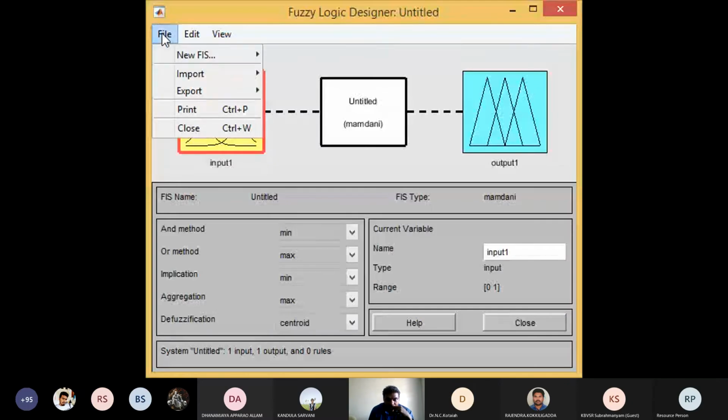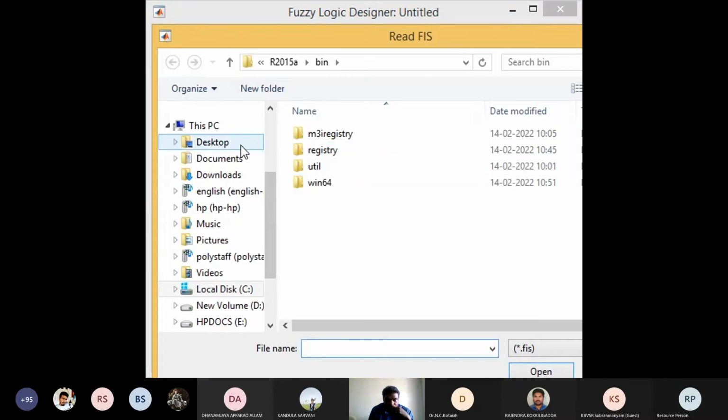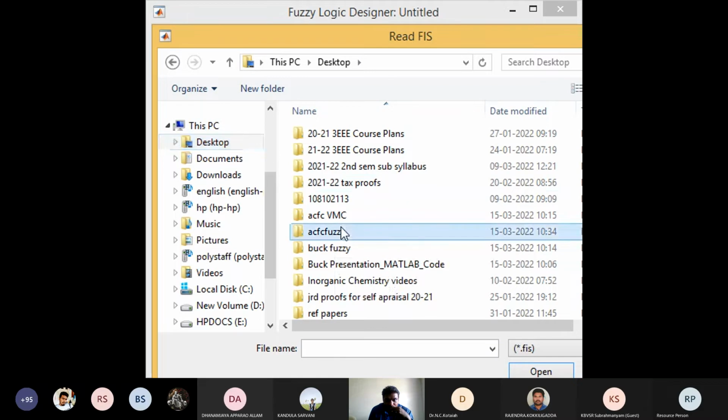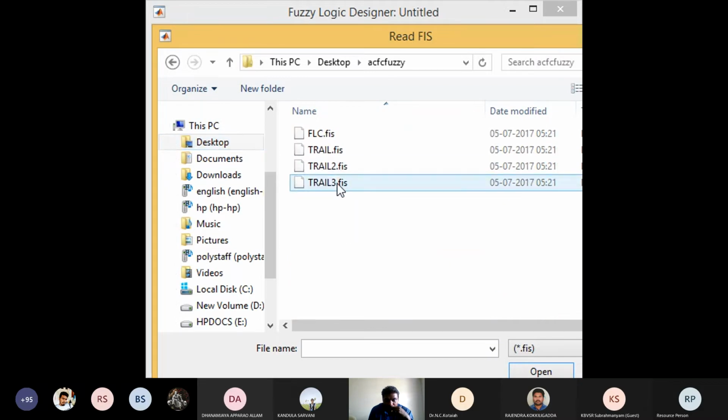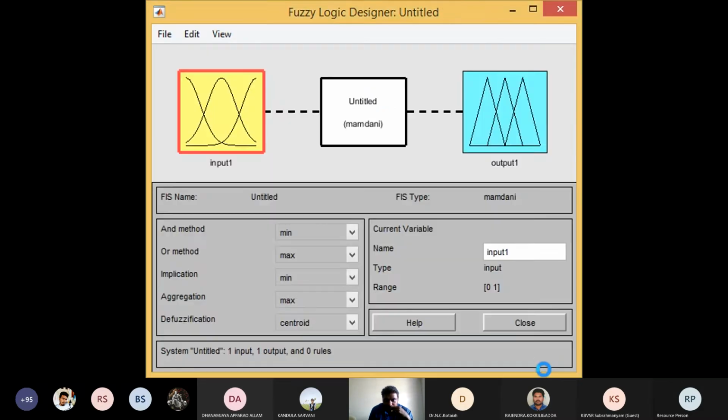Then at File, we need to import the file from the developed model, trial 3. Then it will automatically import the .fis from the saved system.